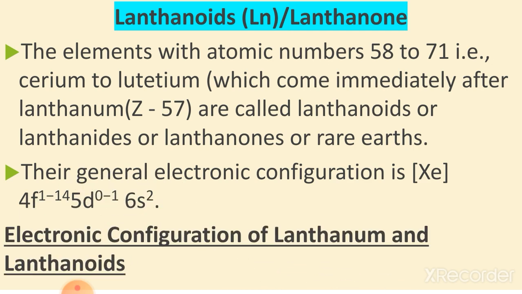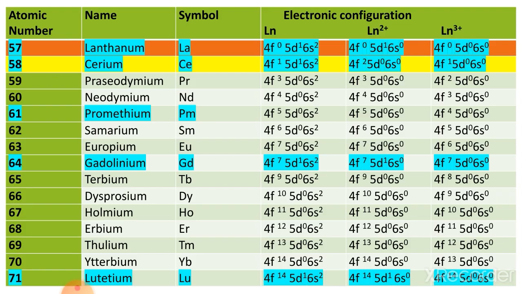Now students, let us focus on the electronic configuration of lanthanum and the lanthanoids. Here a table is given which contains atomic number, name, symbol and electronic configuration in three conditions: the atomic condition, that is Ln, then Ln in +2 state, and then Ln in +3 state. Here the most common state is +3 for lanthanoids.